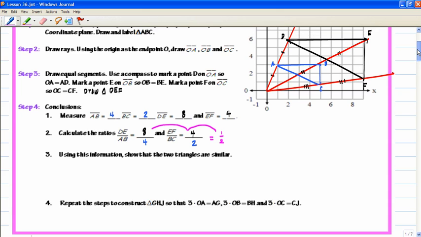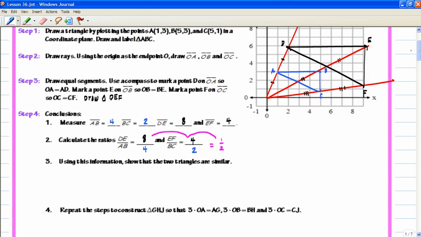Using this information, show that the two triangles are similar. Okay, so we've got a couple of sides that are proportionate. So let's write that down.